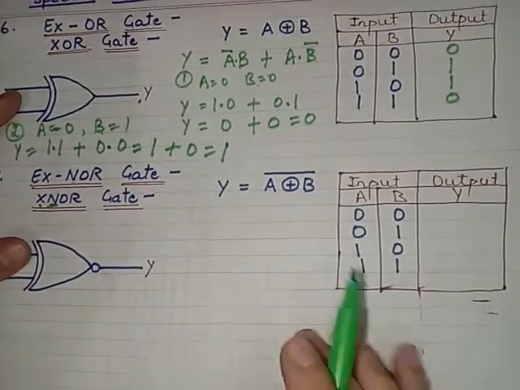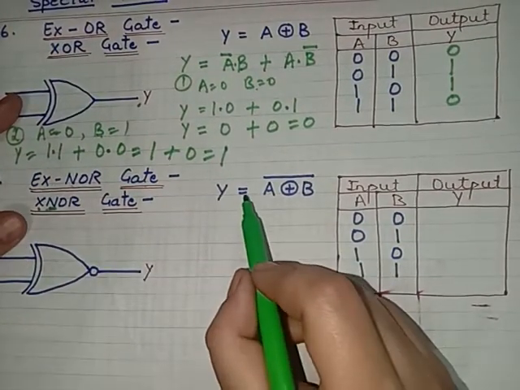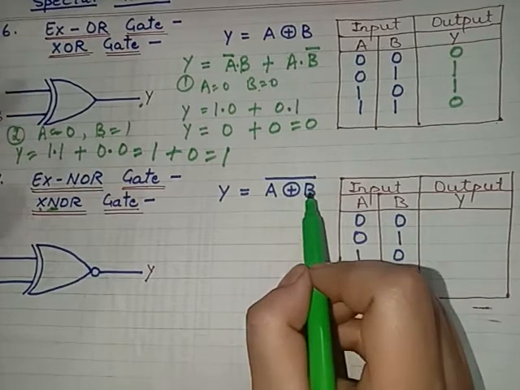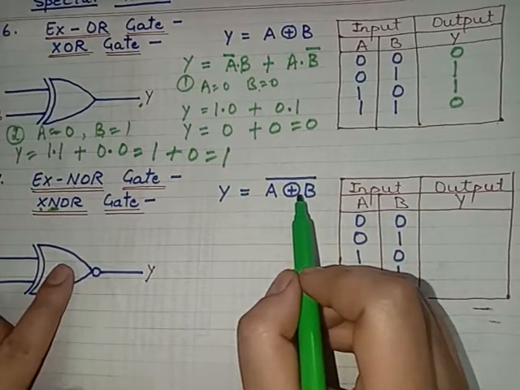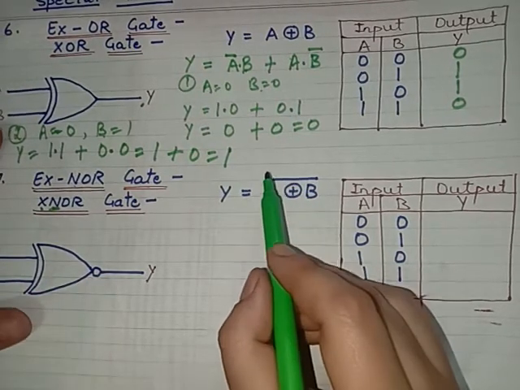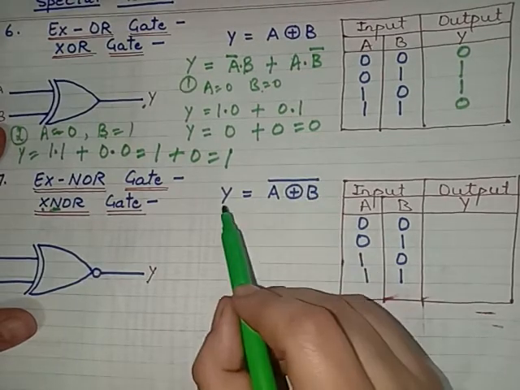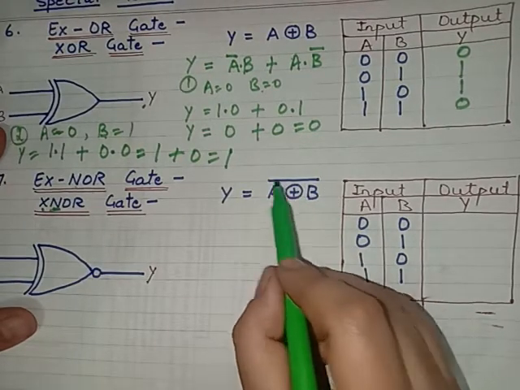So the equation is Y is equal to A exclusive-OR B, with a bar over it, since this is an exclusive OR gate with the bubble. Y is equal to (A exclusive-OR B) bar.